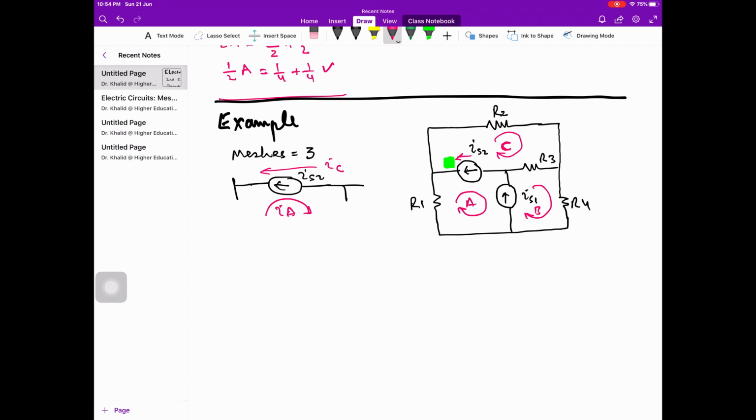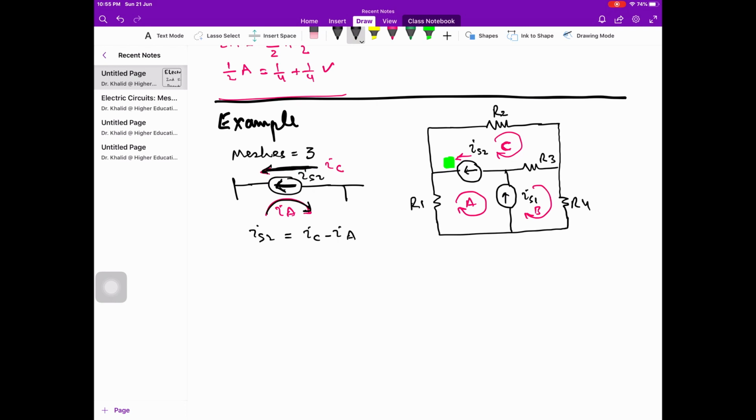Now, what is IS2? Look at the direction of the current flowing through this current source and the direction of the mesh currents. Following the directions, the net current flowing from right to left is IC minus IA.